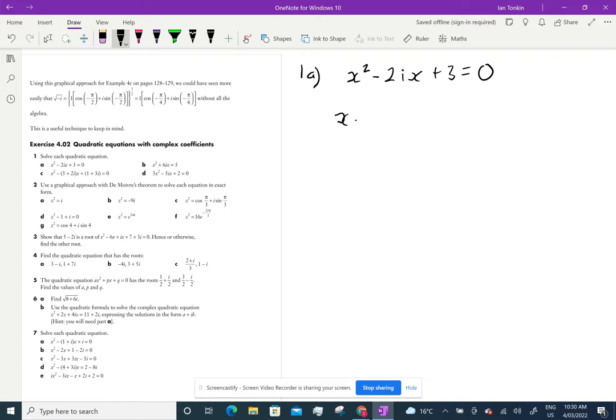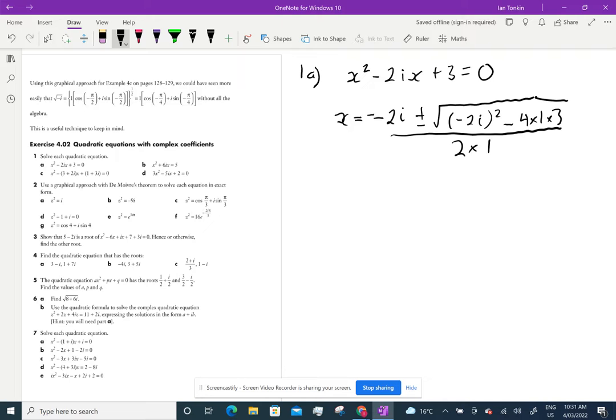So x is going to equal negative b, so negative negative 2i, plus or minus the square root of negative 2i squared, b squared, minus 4 times a times c. And it's all over 2a. So that's going to give me 2i plus or minus the square root. Now, negative 2 squared is going to be 4. i squared is negative 1, so it's going to be negative 4.